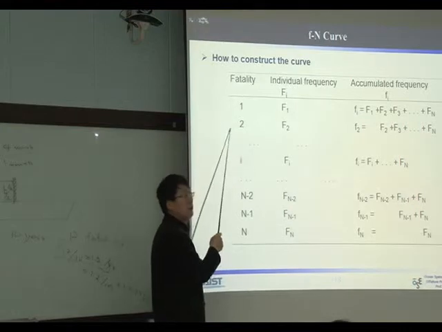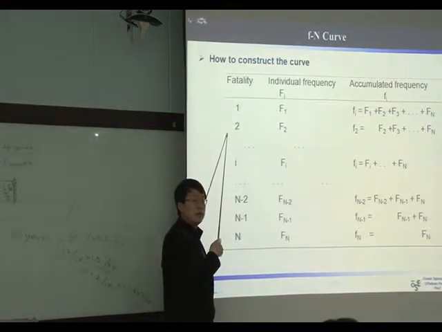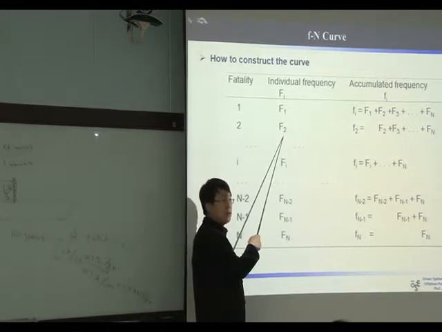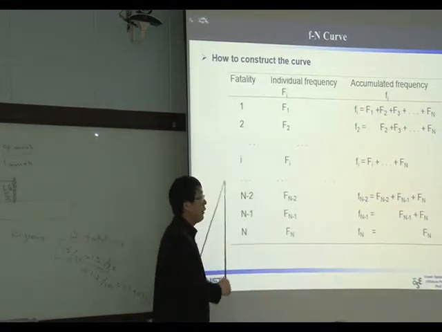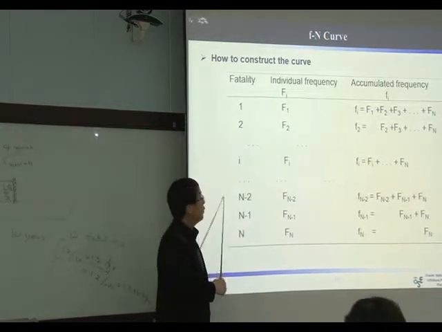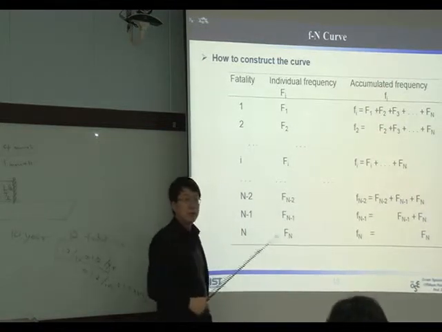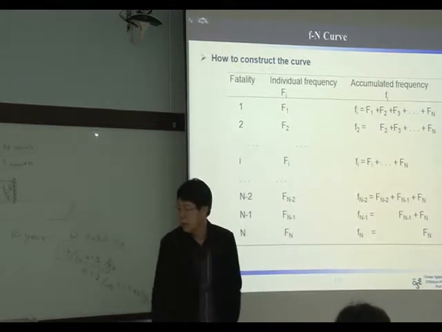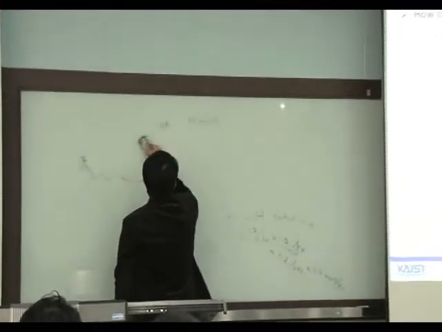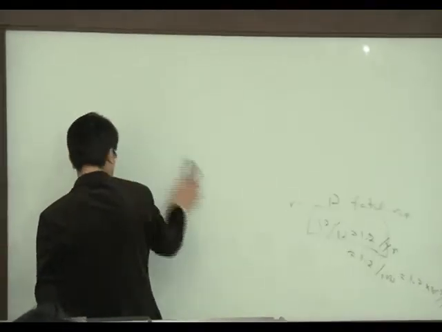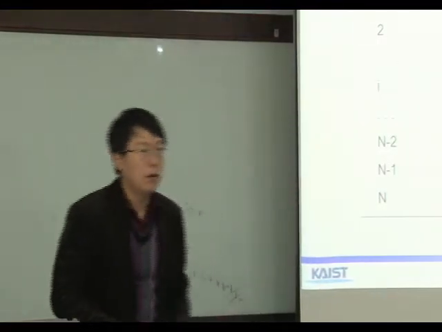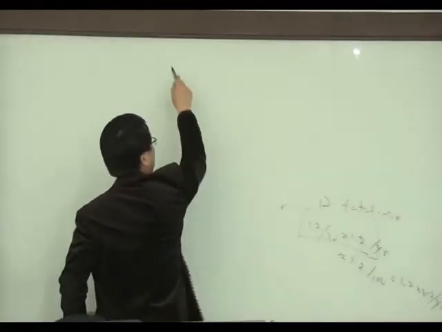There is another accident where 2 people can be killed, and the frequency is F2. So we may have this kind of information easily, okay? So we can draw a graph for these accidents. The first trial is that we show the information on the graph.